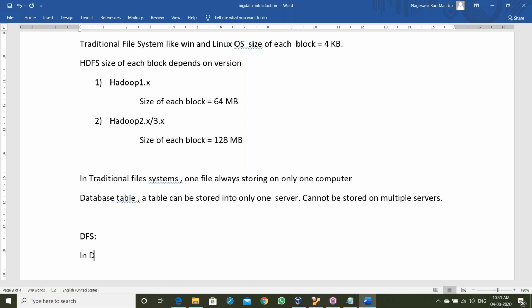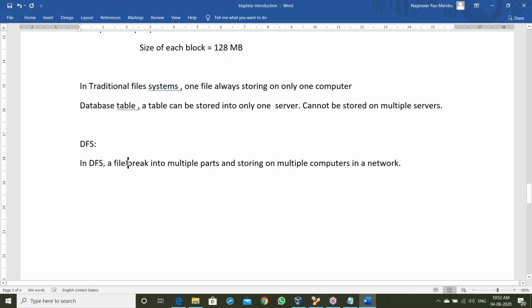In a distributed file system, a file is broken into multiple parts, and those parts are stored on multiple computers in a network.